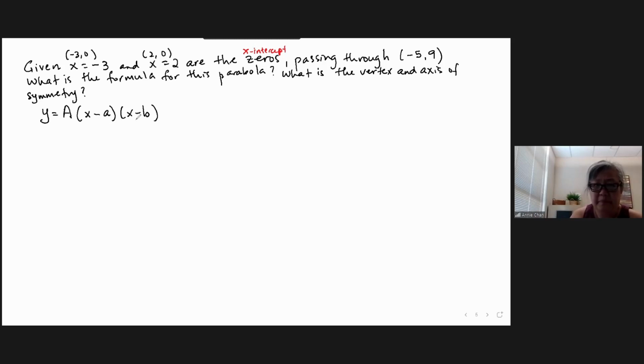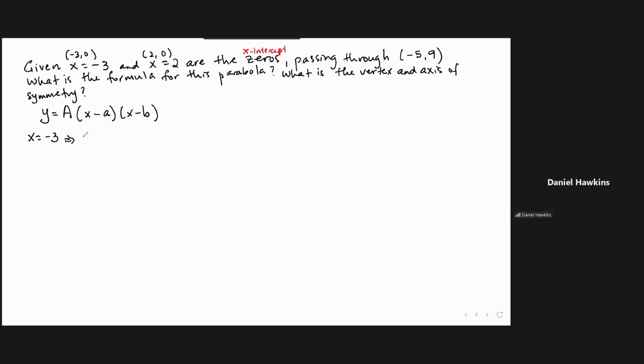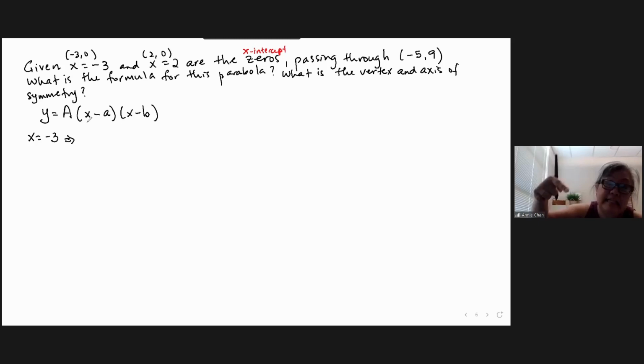So if I have x equals -3 and I want to write it in this format, what would that give me? Is it x minus 3? Remember, anything inside the parentheses is always opposite in every way.